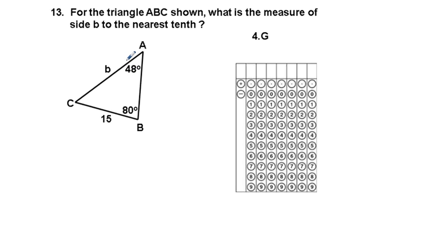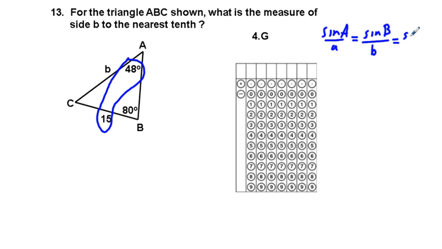But what we look for, if we see a known side opposite a known angle, in this case we have the side 15 opposite the angle 48 degrees, we can use the law of sines, which is sine angle A over A equals sine of angle B over side B equals the sine of angle C over side C. And by convention, we'll just make the angles the big letters and the sides opposite them the little letters.